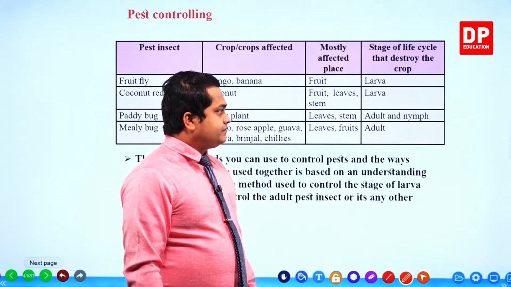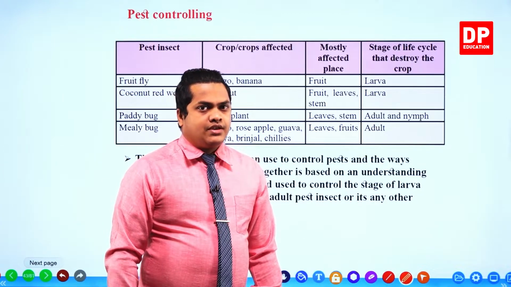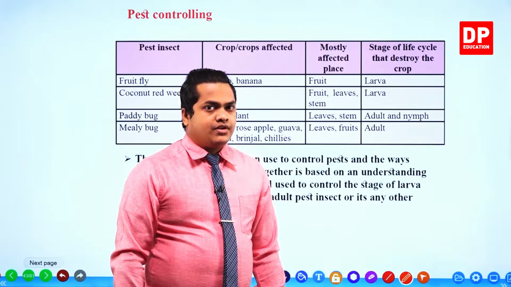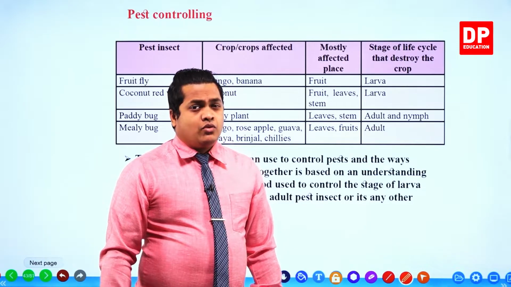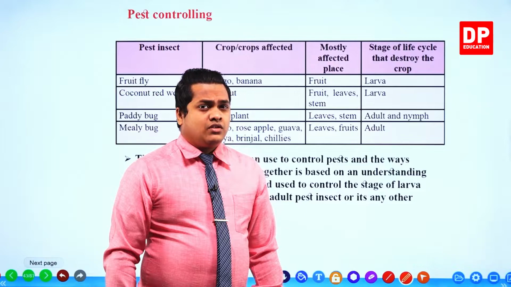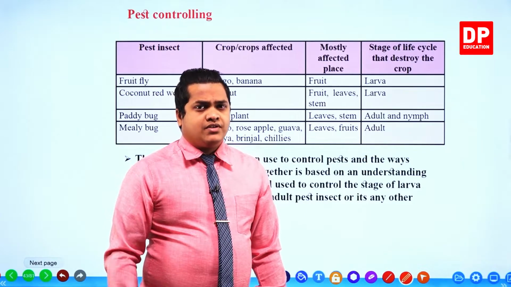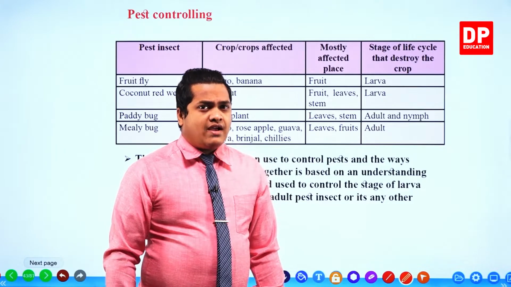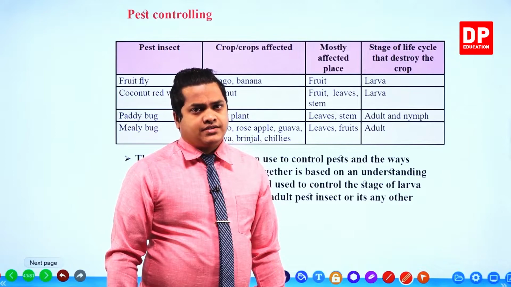Right then. So my dear children, these are the important pests that you need to learn. All of these pests give much trouble to farmers, so we should have the necessary knowledge in controlling them.